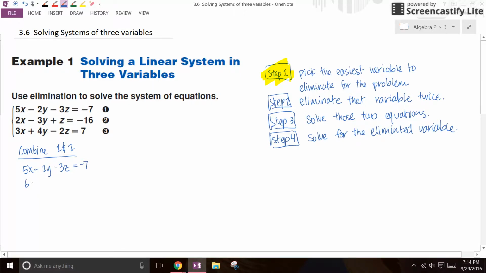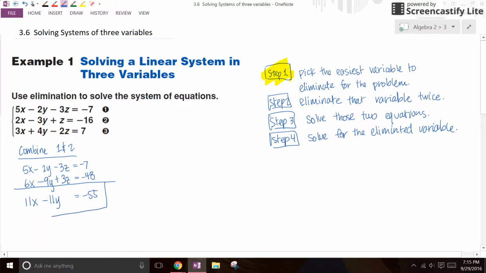And that's my goal. So multiplying by 3, I get 6x minus 9y plus 3z equals, multiplying by 3, 30 and 18 was 48. All right. And if you notice, when I combine, I get 11x minus 11y, that's interesting, equals negative 55.